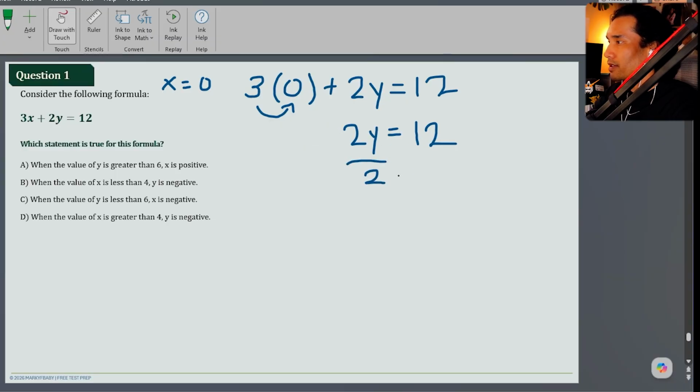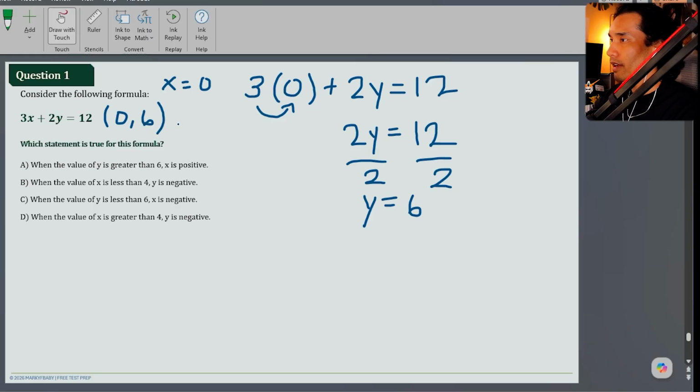Then we divide by 2, and we get y equals 6, because 12 divided by 2 is 6. So our ordered pair is (0, 6), because x is 0. That is our first point.